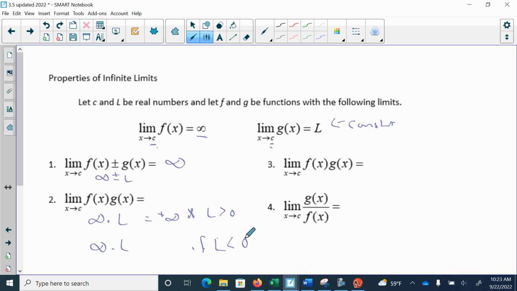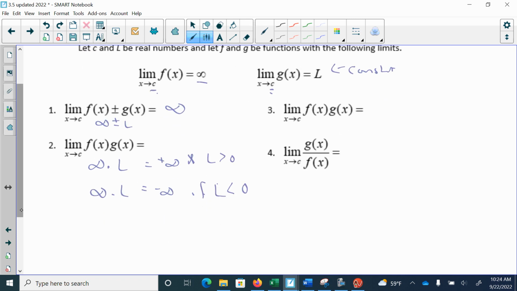Negative infinity. If I multiply by a negative number, it's going to make the whole thing negative. And then if L is 0, what happens? It's going to be 0. So that one you have to think about a little bit. I did it all at once. My bad.